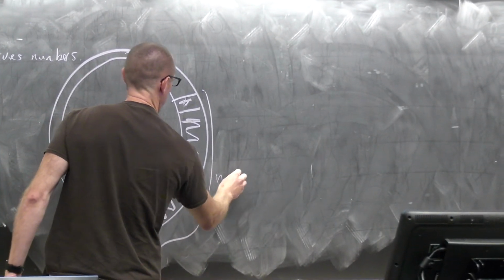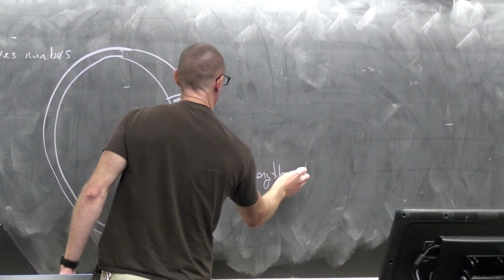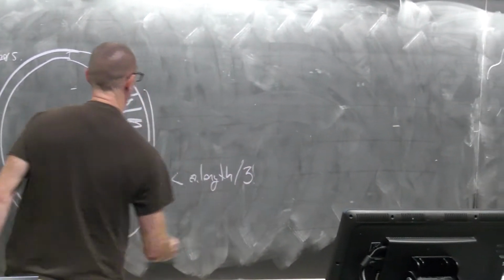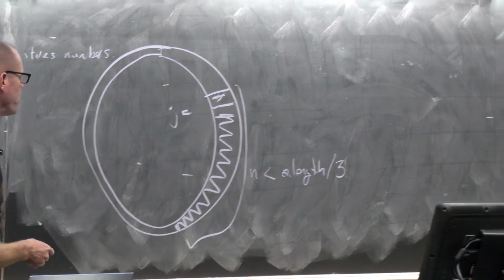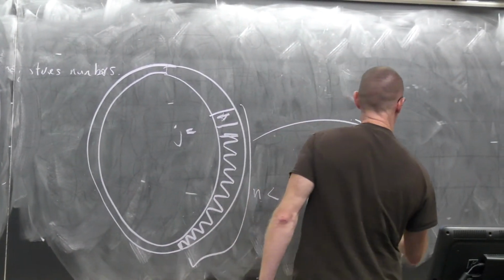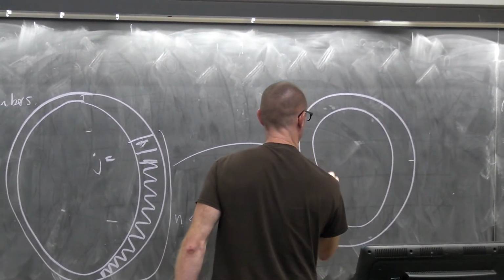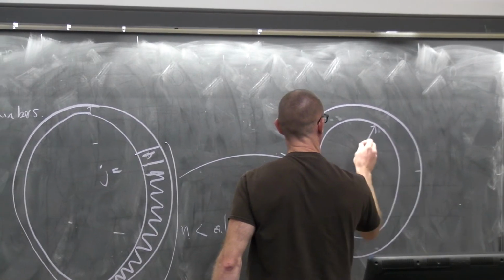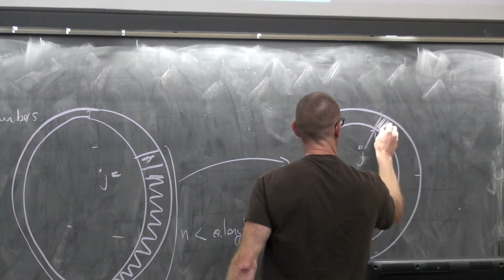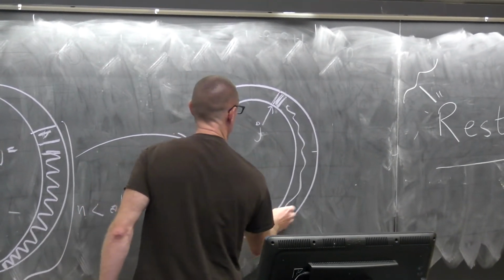This is our n, and it becomes smaller than a.length divided by 3. In which case we do exactly the same resize operation, except the result is that we get a smaller array that is half full instead of only a third full.